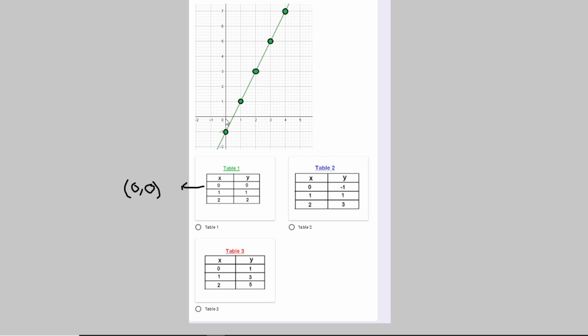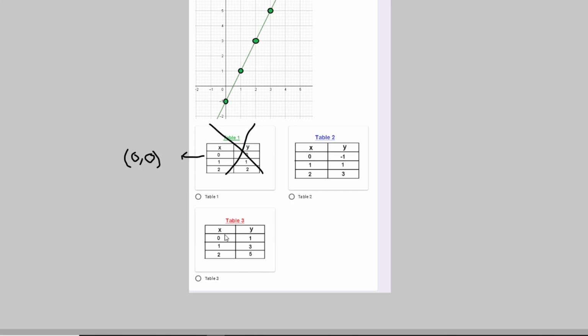Oh, it's not. Right, we have a point here at 0, -1, but not at 0, 0. So table 1 we already got rid of. Now, again, let's look at table 2.